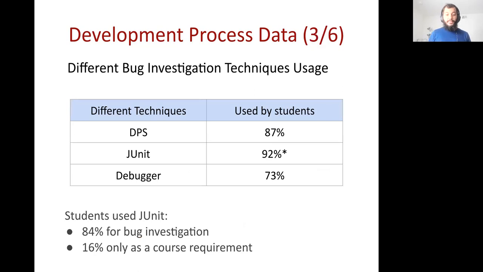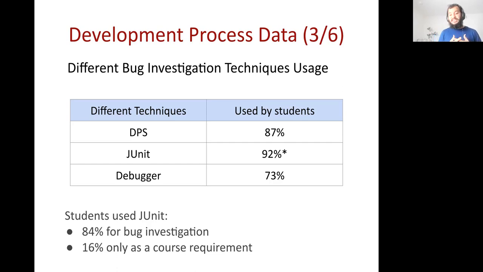From our development process data, we found that 92% of the students use JUnit testing, which is higher than 87% of the students using diagnostic print statements. However, from our interview and survey results, we learned that only 84% of the students used JUnit testing for bug investigation purposes. The remaining 16% only used it as a course requirement.